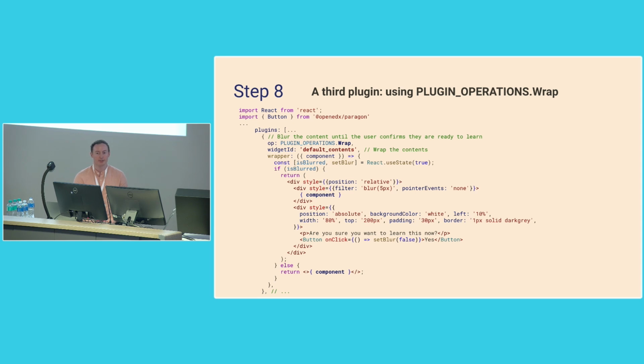I will say, if you're doing that, you have to watch out for a very common footgun that traps a lot of people, which is if you import the Paragon SCSS because you want to use Paragon variables. Congrats, you've just added like 400 kilobytes of CSS to the MFE build. So you have to be very careful about how to import the Paragon variables without importing all the Paragon styles into your plugin.